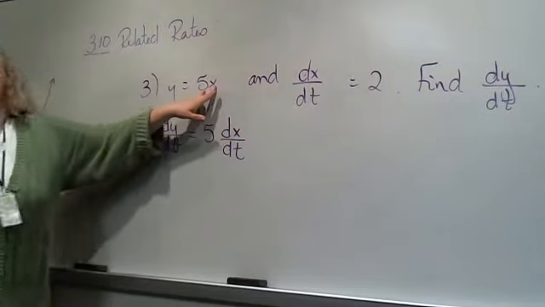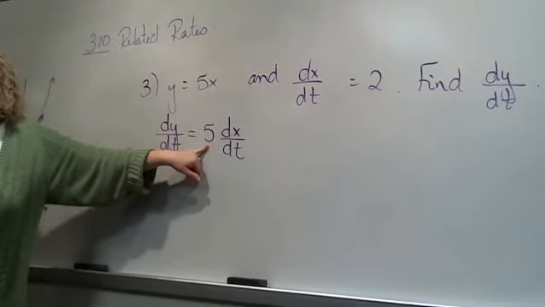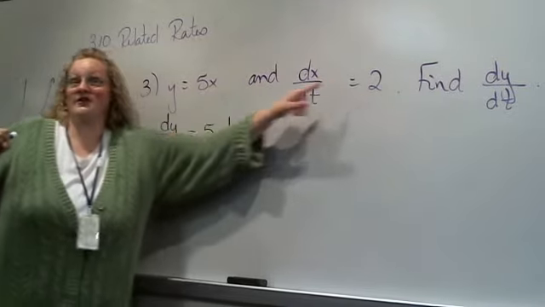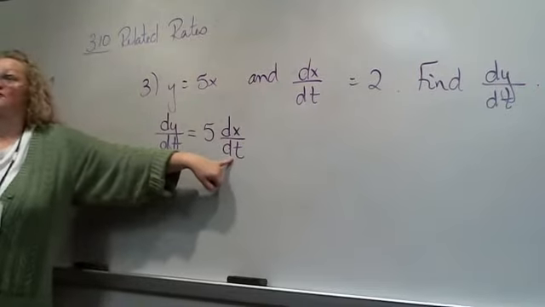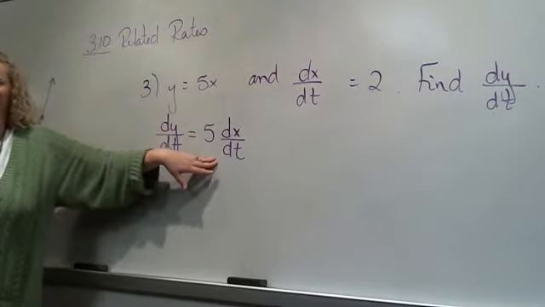The derivative of 5x is just 5. But x is some hidden function of time. We don't know what it is. We know its value is 2 at the moment that we're interested in. And so I have to multiply it by the derivative of the inside. This is chain rule going into effect for us.